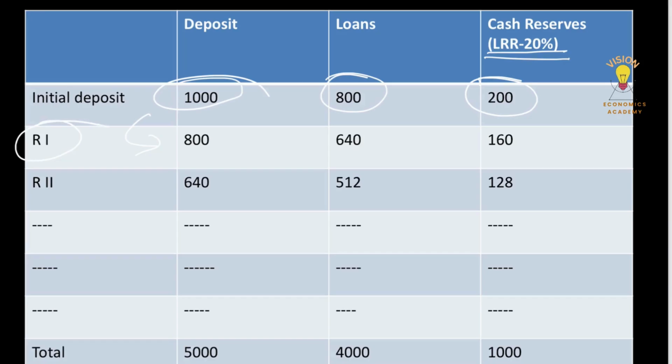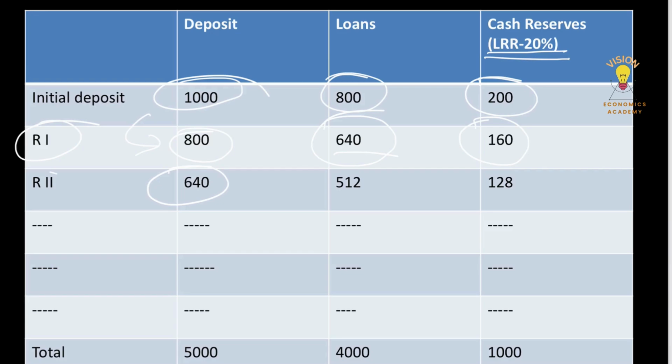Then again, 20% of 800 is 160, which is kept as a reserve, and 640 is given as a loan. The 640 that was taken as a loan is given to someone from whom a person would have got the goods and services, and the person who has received it will again go back to the bank and deposit 640.